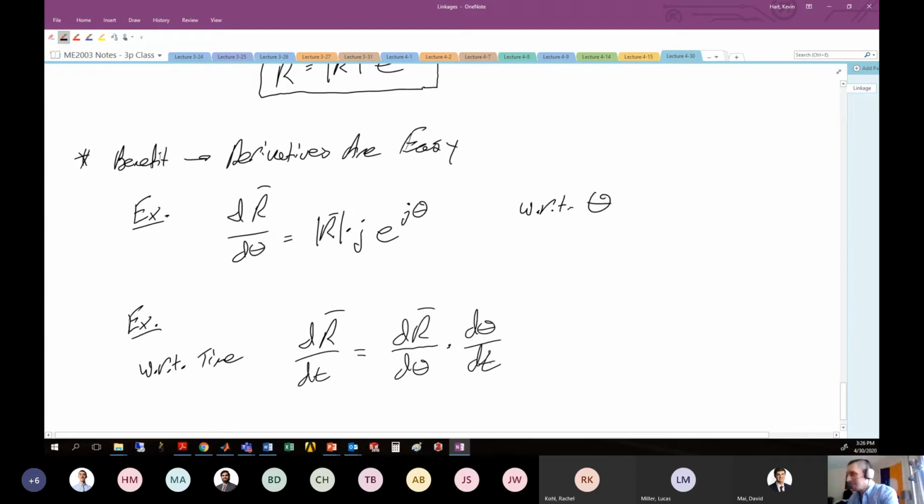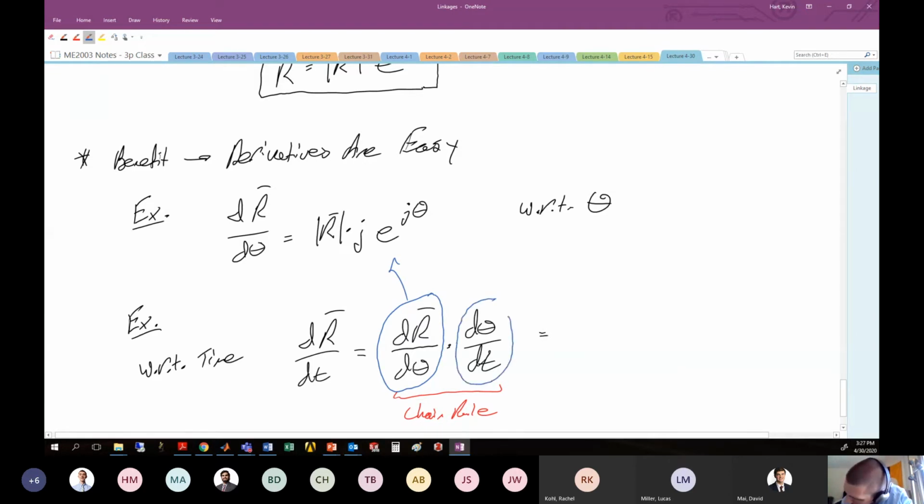Recall that this is the chain rule. So we just wrote what this dr d theta is. That is here.